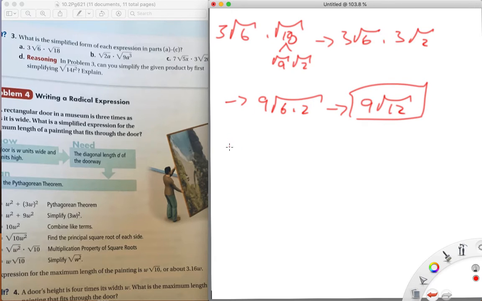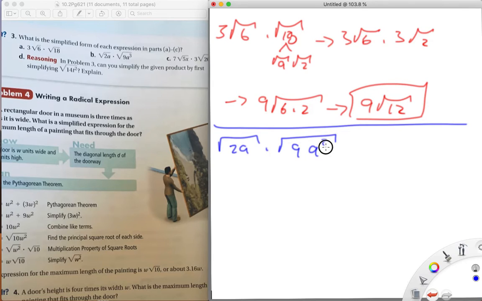I can do, for the next one, that was A, this is B. We have the square root of 2a times 3a.